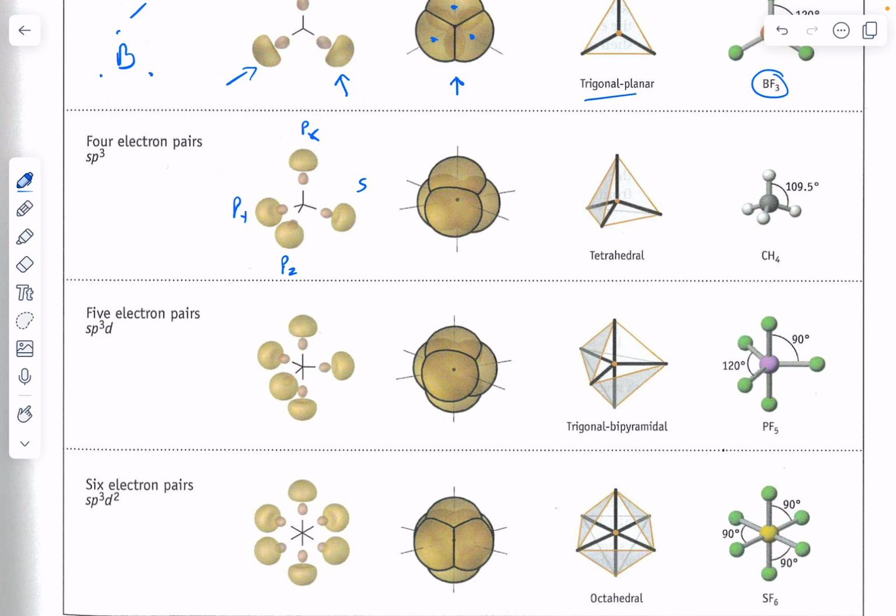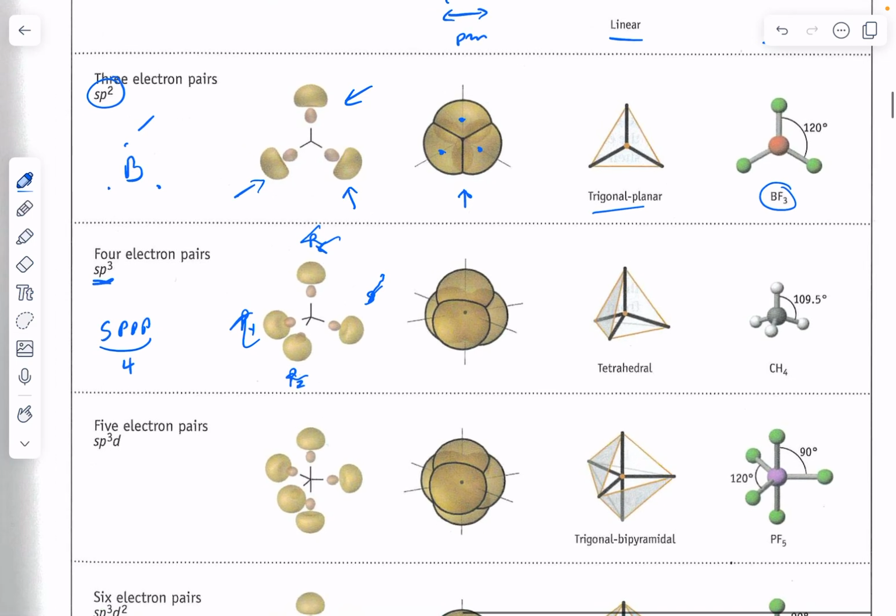Doesn't matter which one you call the X, the Y, and the Z. We're not going to call it that anymore. We're going to call them all the same. They've been hybridized. So they're all the same. They all look the same, so to speak. They're all sp3. So since you have an SPPP or sp3, you have a total of 4 letters, which means you have 4 orbitals.